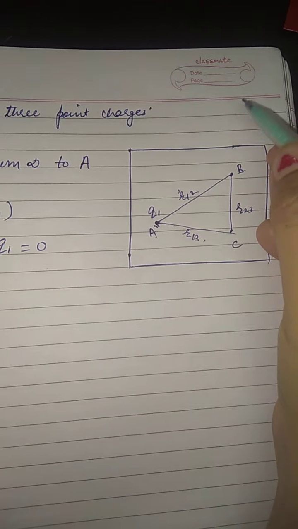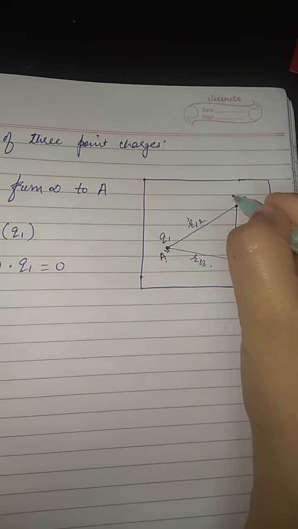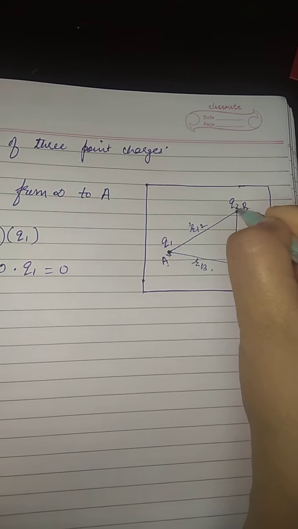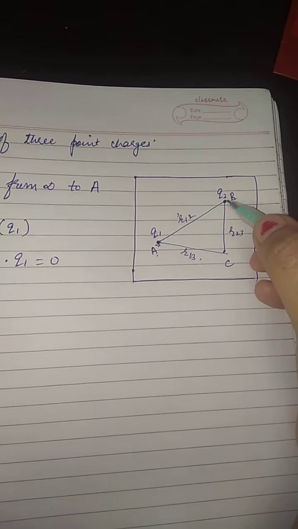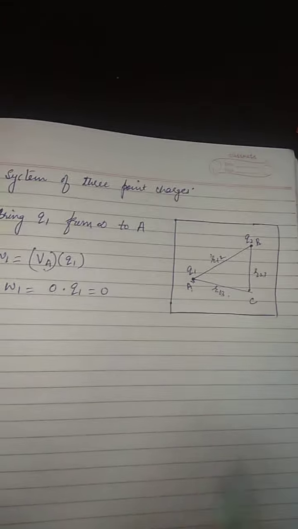Now let us bring charge Q2 from infinity to point B, and place the charge Q2 at point B. Let us find out how much work is done in bringing this charge from infinity to this point.